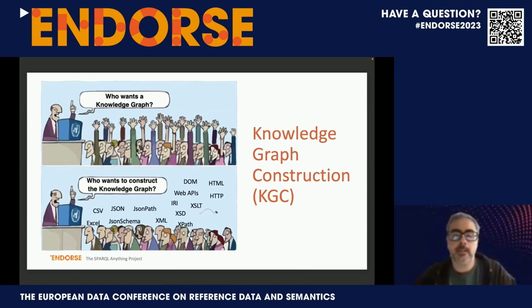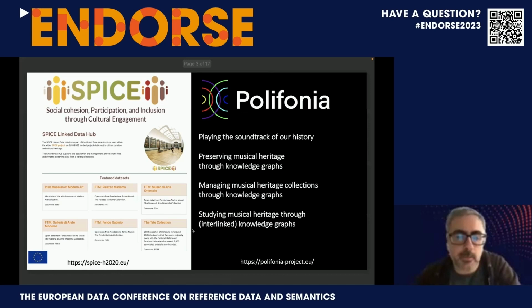However, there is still a lot of work to be done that hampers the effectiveness of building knowledge graphs. Particularly, we focus today on syntactic heterogeneity. There is a huge amount of different formats, and usually developers and knowledge graph engineers have to do a lot of work to integrate them. In particular, what I'm talking about happened in the context of two European projects related to cultural heritage.